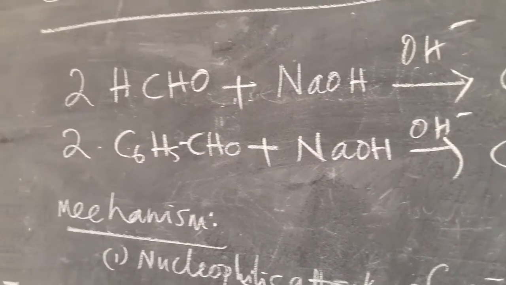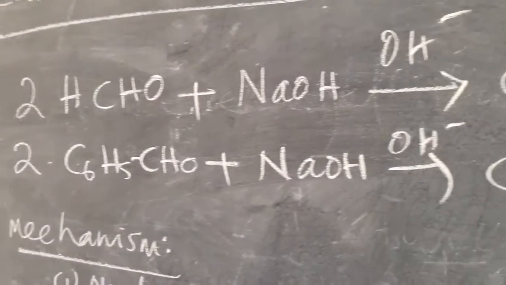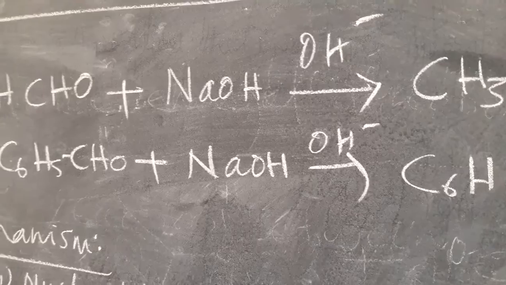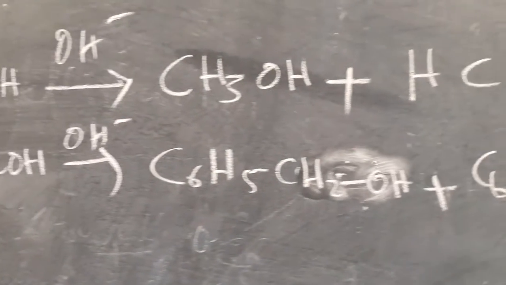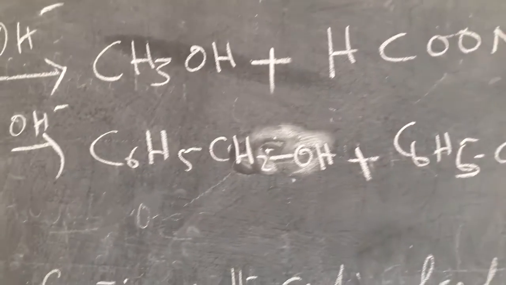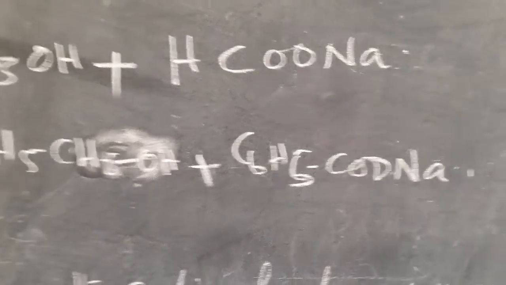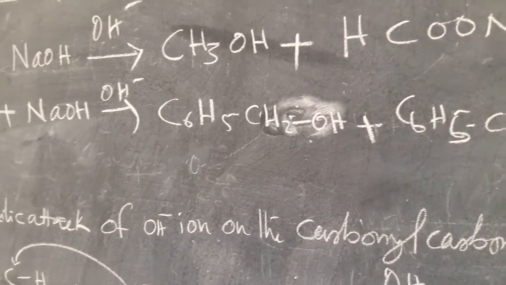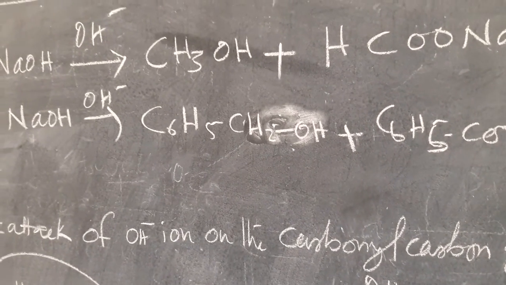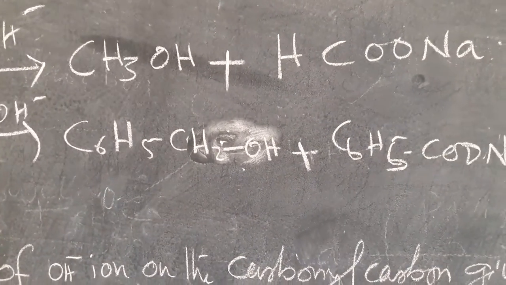Take the formaldehyde molecule as the first example. In presence of NaOH, you are getting CH3OH and HCOONa. CH3OH is methyl alcohol and HCOONa is an acid salt, sodium formate. Roughly you can say this is an acid because it is an acid salt.